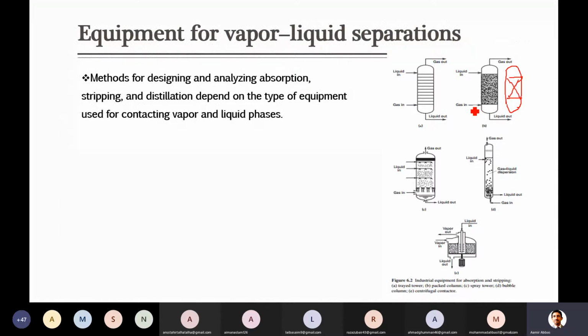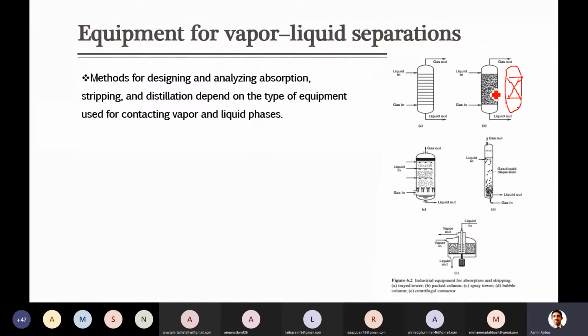Here, what happens? Gas again enters from the bottom and moves upward while leaving from the top, and liquid flows down. The liquid and vapor contact is on the surface of the packing.